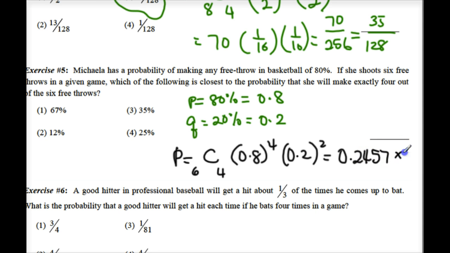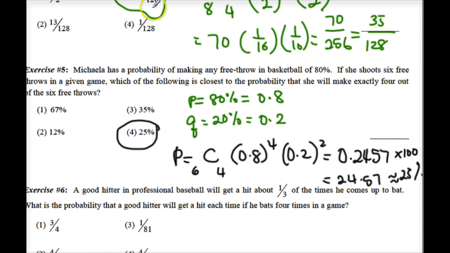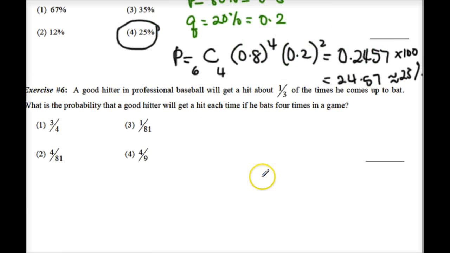And if I multiply this by 100, because my answers are in percentage, I will get it to be 24.57, which is approximately 25%. Again, choice 4.